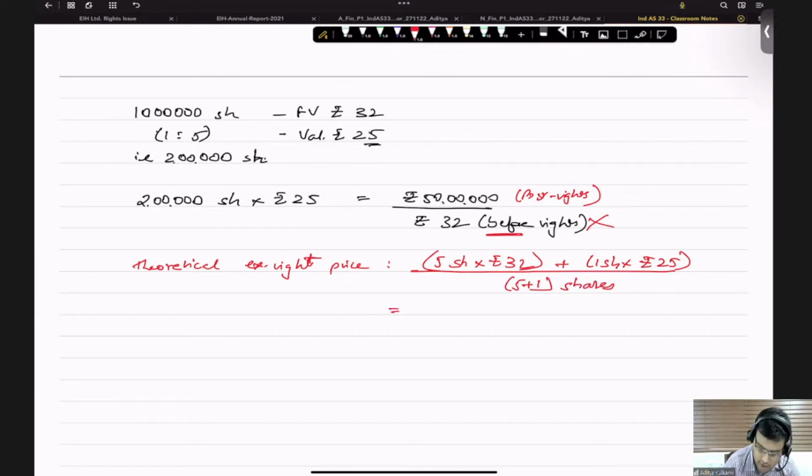So 32 into 5 is rupees 160, plus rupees 25, divided by 6 shares. Please check the workings. So 160 plus 25 divided by 6. This is your fair value after the rights.